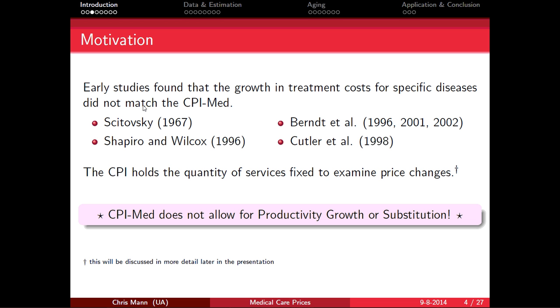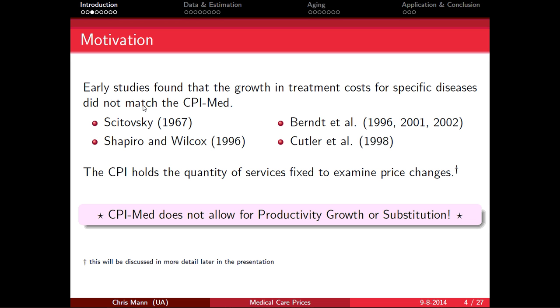And she found that the cost of treating these 5 diseases was actually higher than what the CPI was indicating it would be, right? Now, she came up with a couple of ideas of why she thought this was. For instance, during the period of her study, Palo Alto was a very rural area that had turned into an urban area, and so she thought that that was one possible explanation. But she didn't fully believe that that was the only thing driving her results, right?